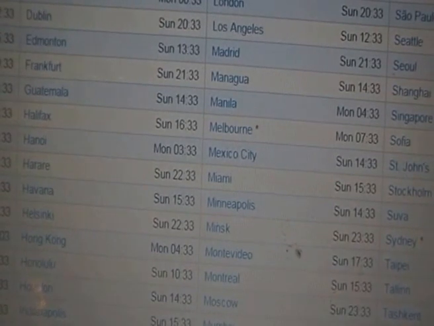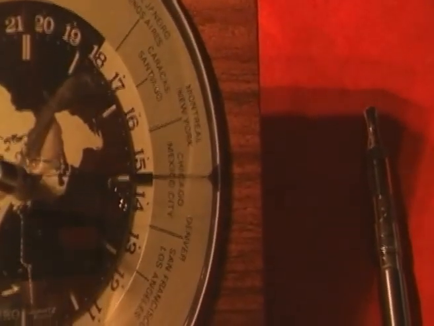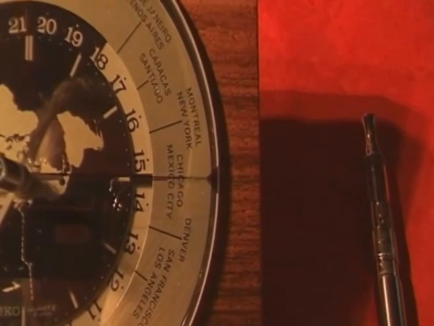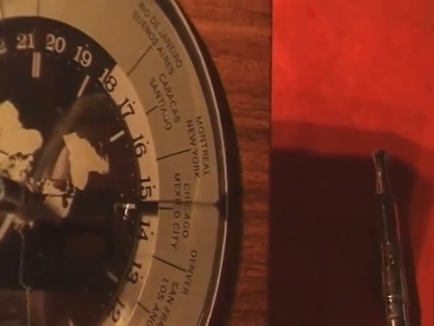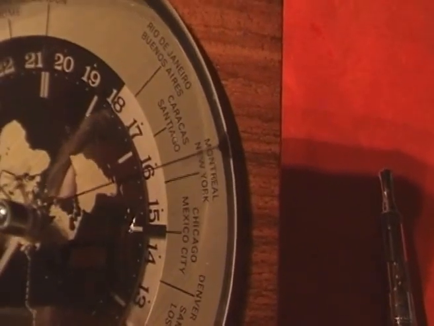Mexico City now 14:33. Let's have a look what we got. And there you go, 14:33. Right, on the 24-hour clock. You see, if you see the line, it moves.